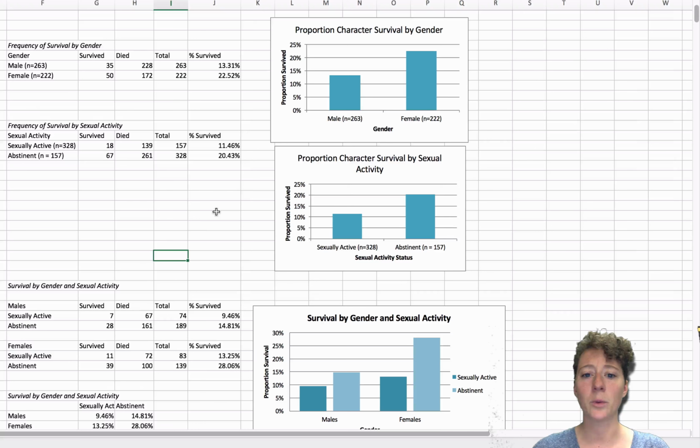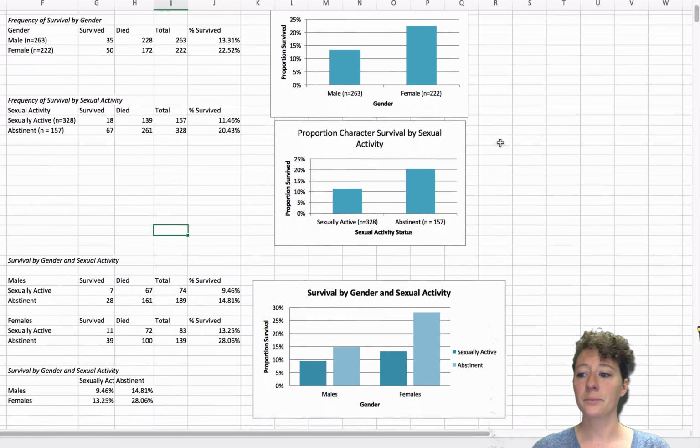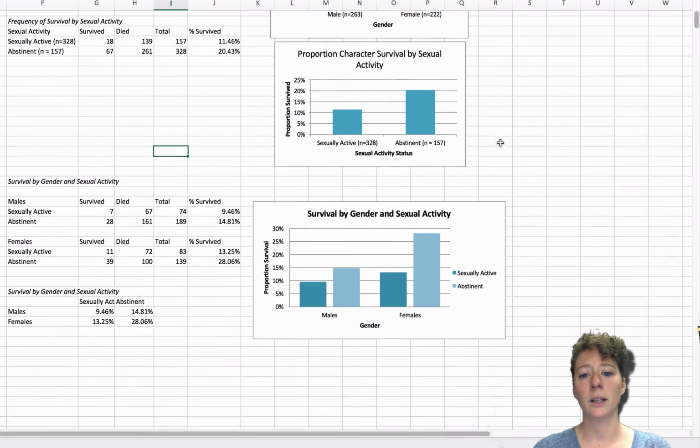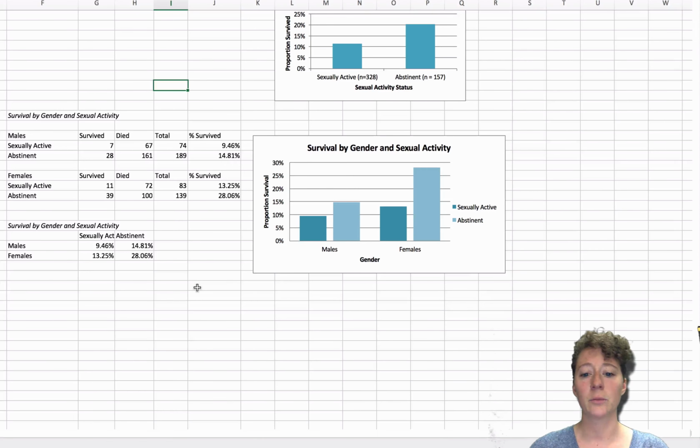Another equally valid way of thinking of that is we know that being female increases your chance of survival in these movies, but does it increase your likelihood of survival regardless of whether sexually active or abstinent? So those are both the same kind of question, and they're both equally valid. It just depends on what we want to know and what makes the most sense to visualize.